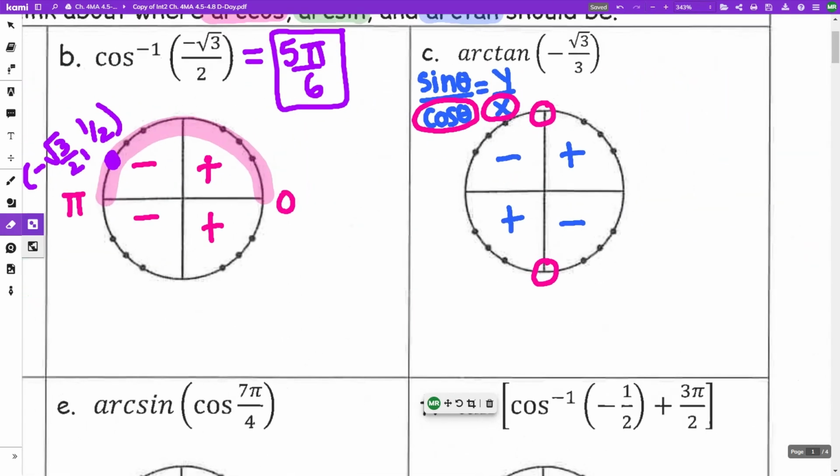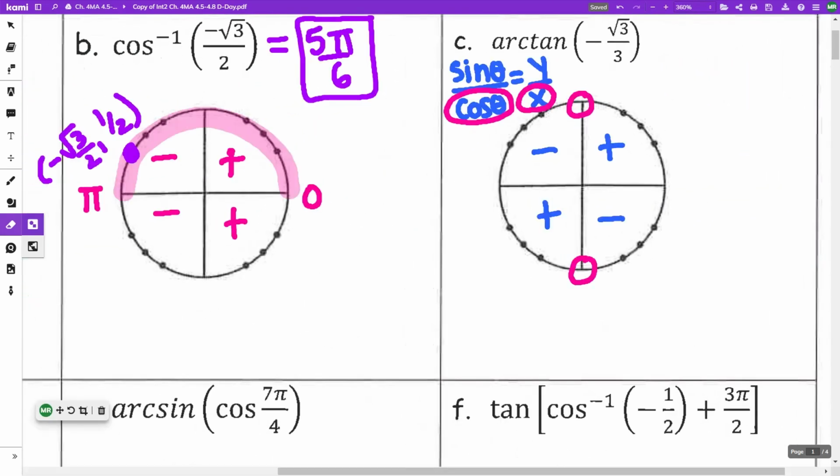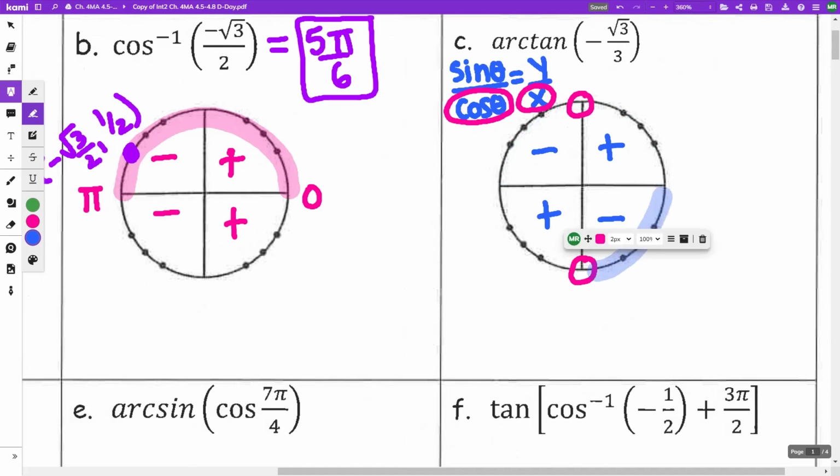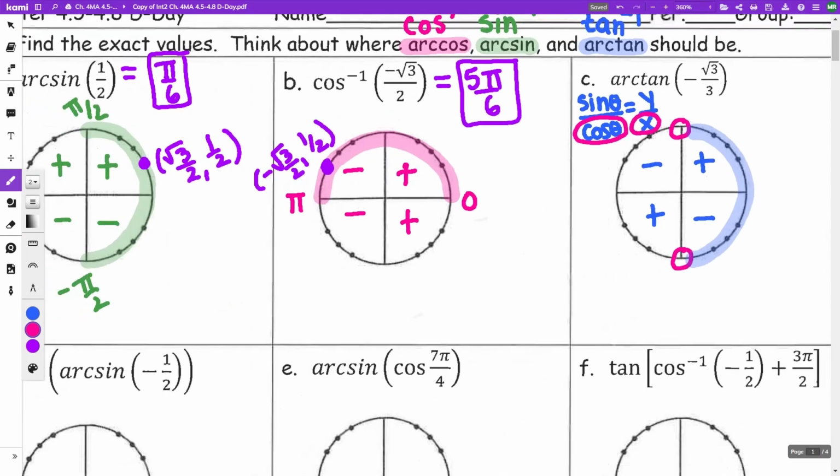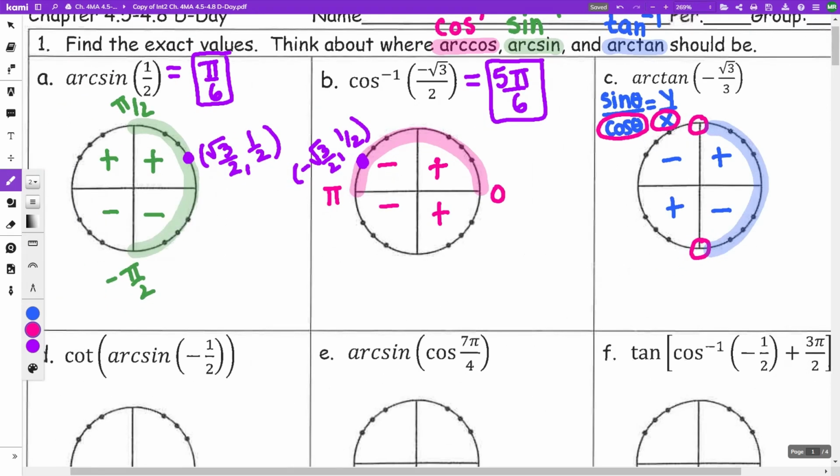Now, over here for my arctan, when I'm doing this, if I go from here to here, I'm going through an asymptote. I don't want to do that. I want to go from asymptote to asymptote. That's how I think about it. So I want to go from here to here. And like my sine inverse, since I'm down here at the bottom, this is not going to be a 3 pi halves.